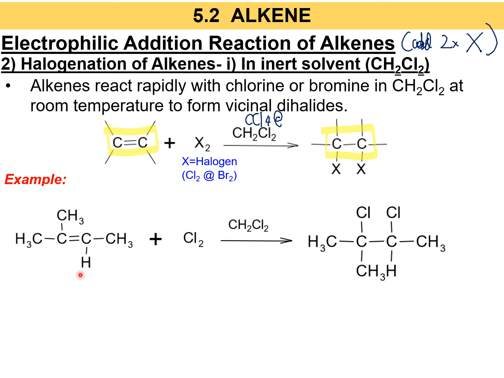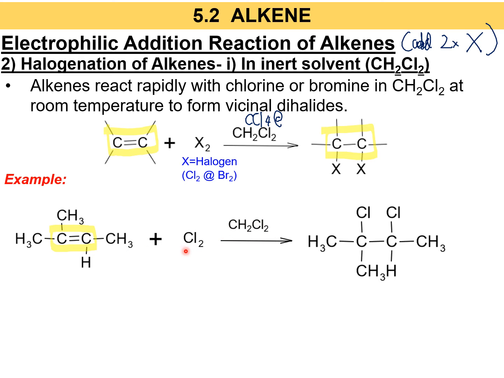For example, as you can see here, this is an alkene organic compound. Okay, kita highlightkan part carbon double bond. Okay, because this is the nucleophilic site, and this is the site where you need to add the halogen. Okay, so kat sini digunakan halogen Cl2 inert solvent CH2Cl2.